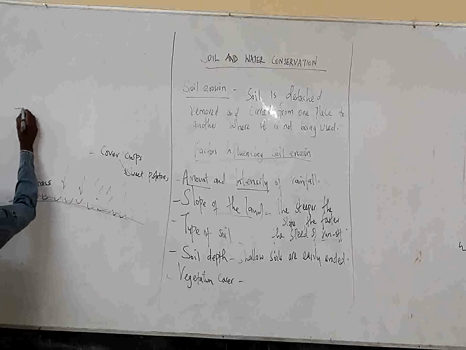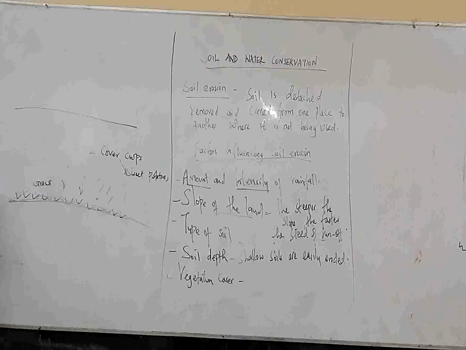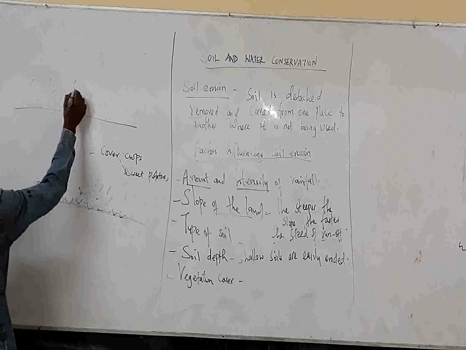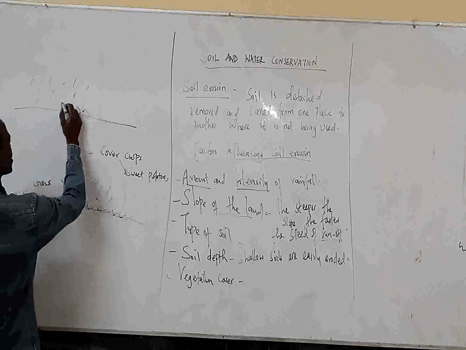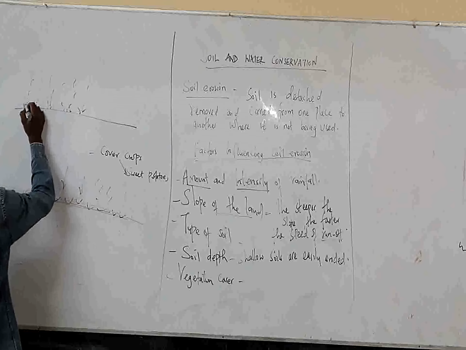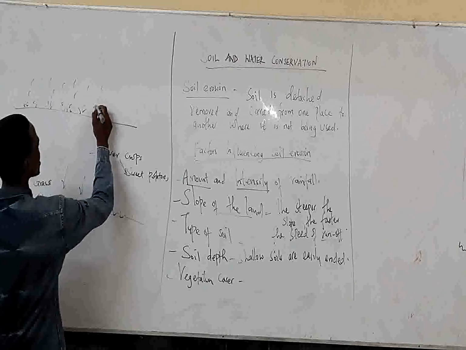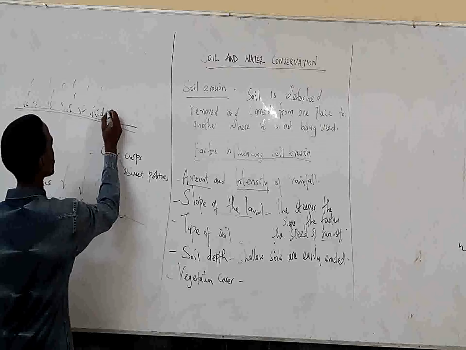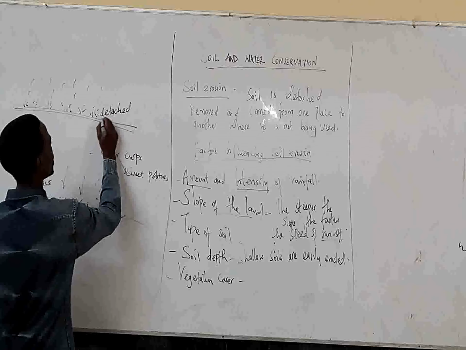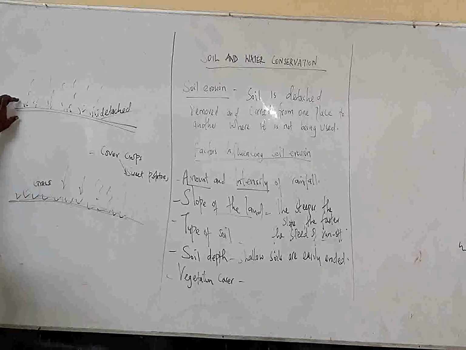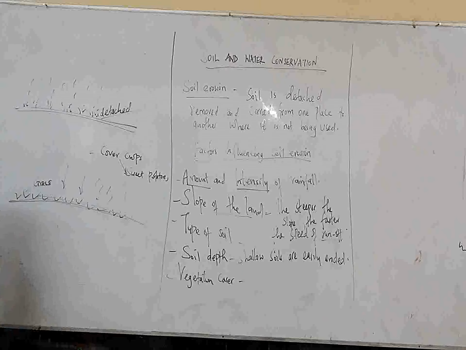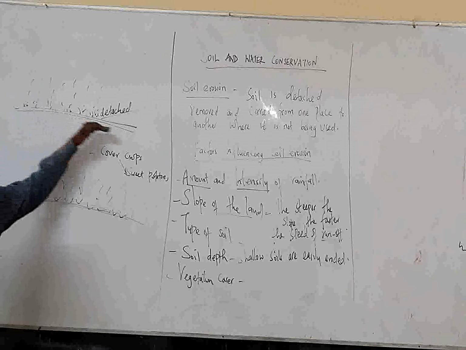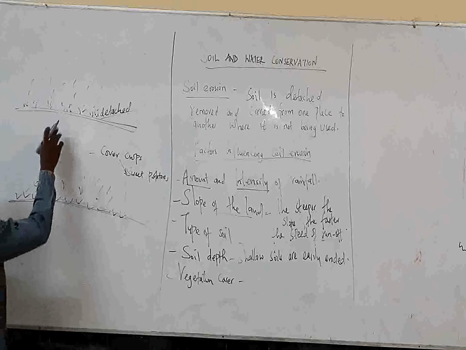So in an area where we don't have any ground cover, in case of bare ground, as it rains we are going to have splash erosion from the raindrops. You're going to have some splashes whereby the topsoil will be detached because of lack of proper cover crop. And then we are going to have surface runoff on the surface of the ground. Then you're going to have the soil being detached and moved together with the water, leading to soil erosion.